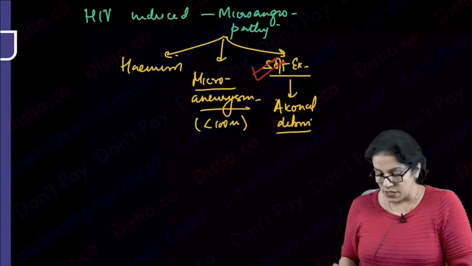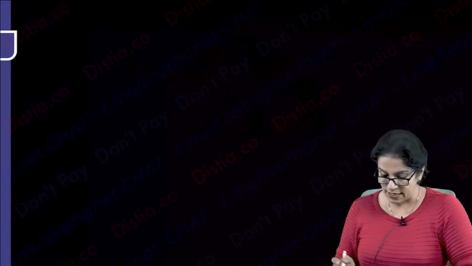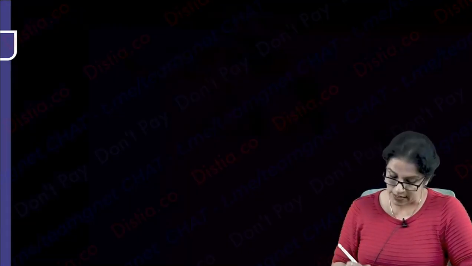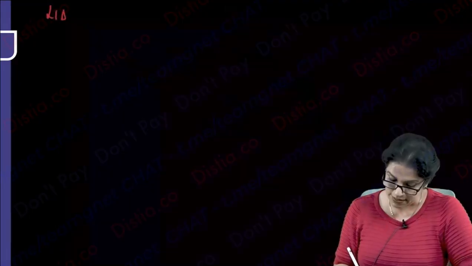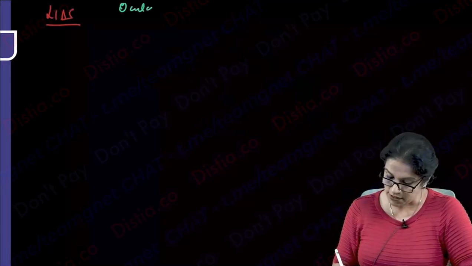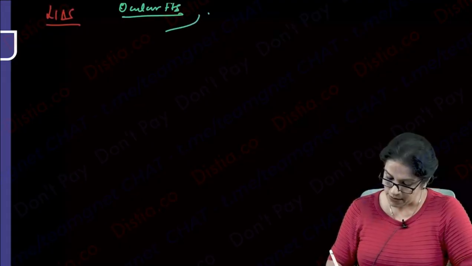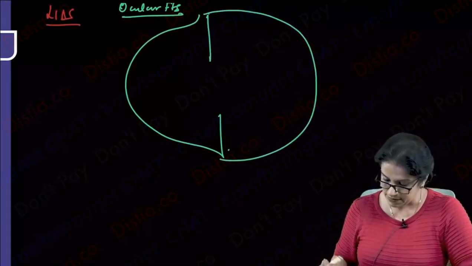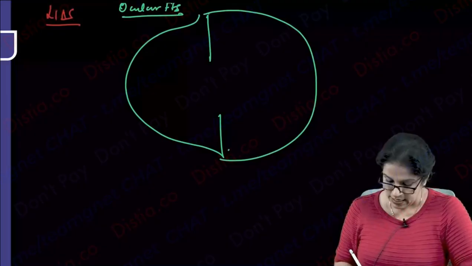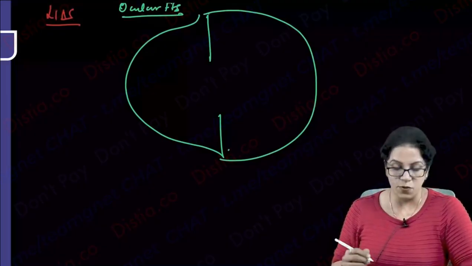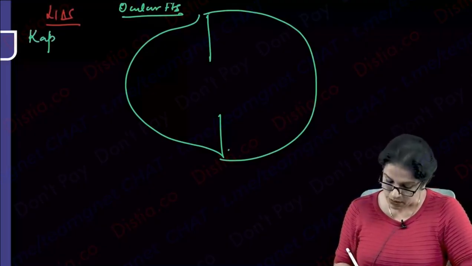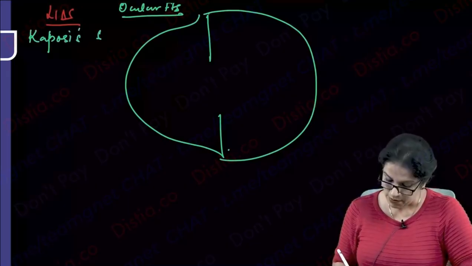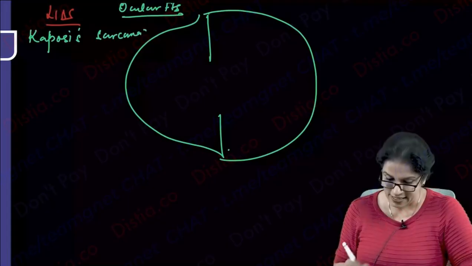What else is HIV doing and causing? Let's talk about that. If you start thinking from outside to in, what happens in the lids first? So, in the lids, you can give the heading other ocular features. Of course, we make a diagram, but we will label this. First, talking about lids. Of course, everybody remembers Kaposi's sarcoma. Important, we have to learn this.